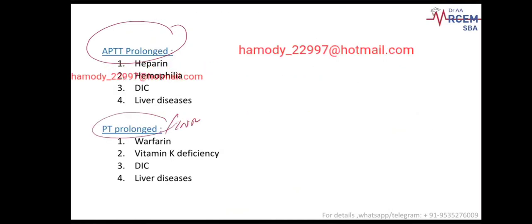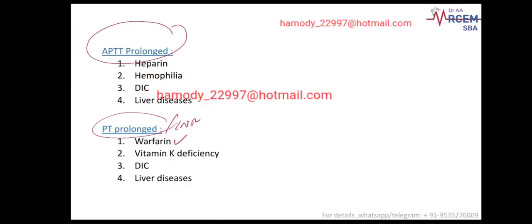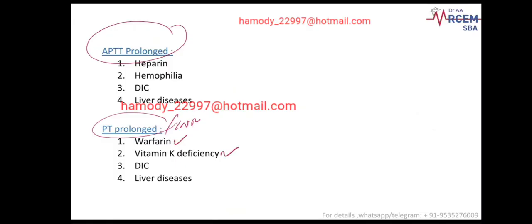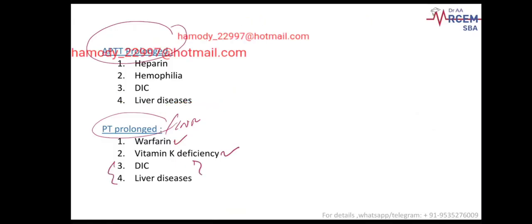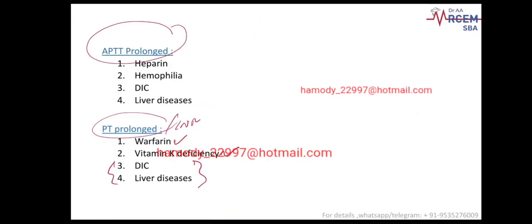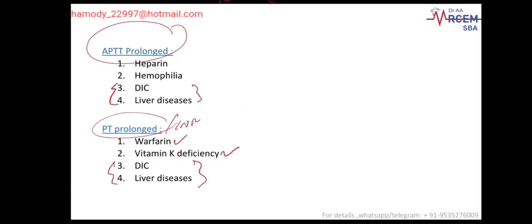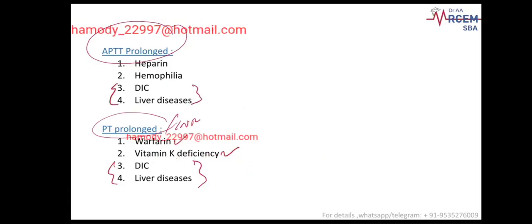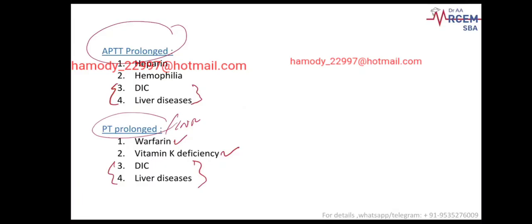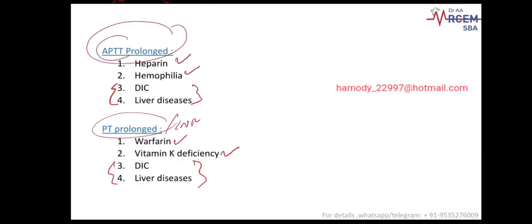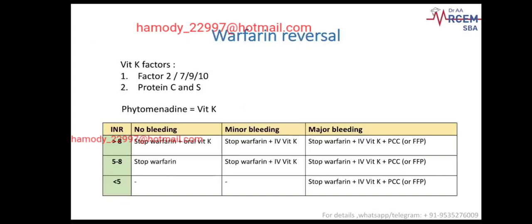What prolongs the PT? Prolonged PT is seen in warfarin or vitamin K deficiency, DIC, that is disseminated intravascular coagulopathy, and liver diseases. These act on both the intrinsic as well as the extrinsic pathway, that's why both PT and APTT will be prolonged. With heparin and hemophilia, APTT will be prolonged.